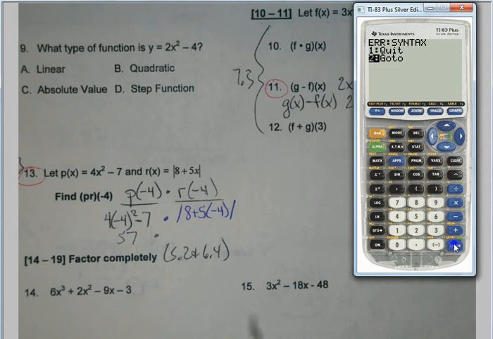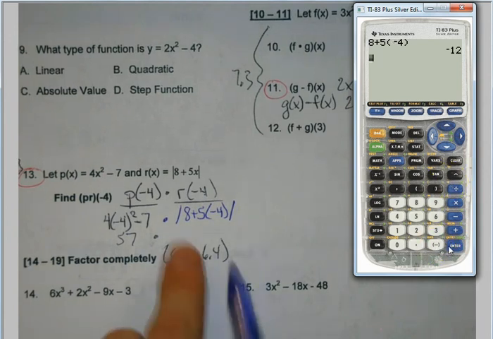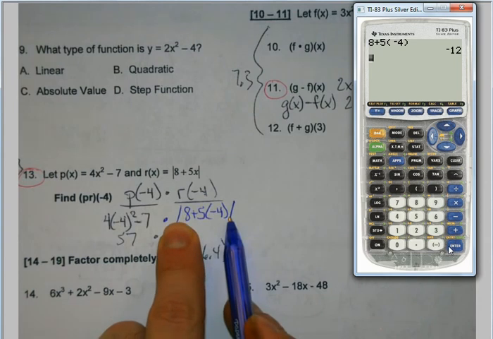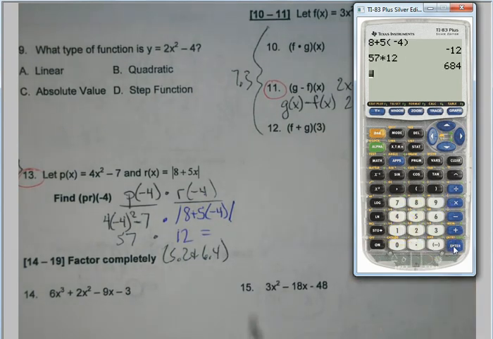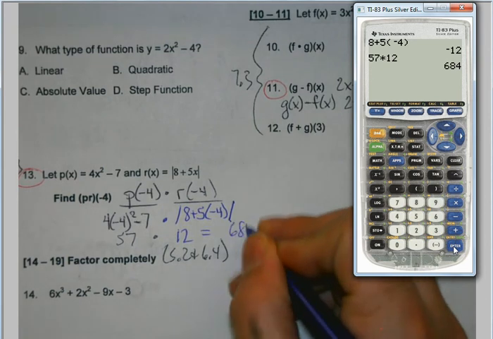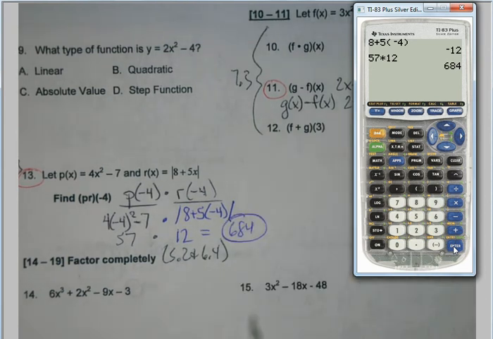Oops, I did something silly, it's supposed to be negative. Now it says negative 12, but what do the absolute value bars do to my answer? Make it positive. So then I'm just going to multiply 57 times positive 12 and get my answer.